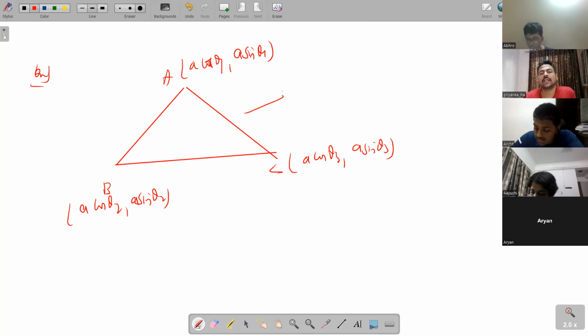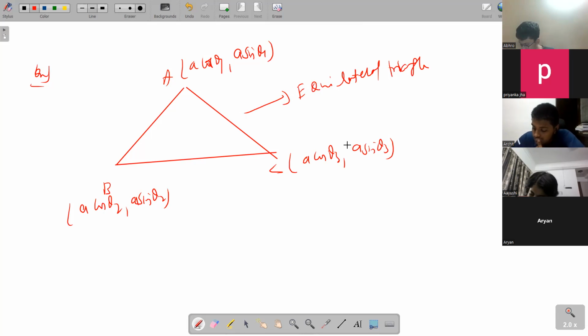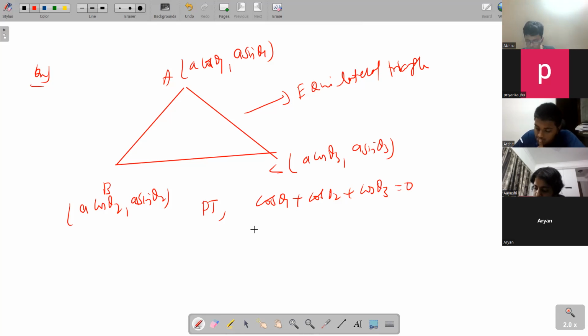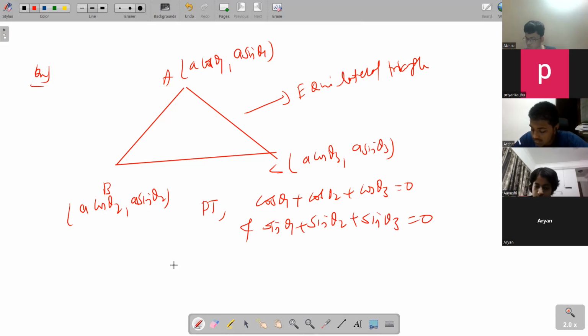Question says that this triangle is equilateral triangle. So you have to prove that cos theta 1 plus cos theta 2 plus cos theta 3 equal to 0, and sin theta 1 plus sin theta 2 plus sin theta 3 equal to 0. I'll give you a few minutes. Think.